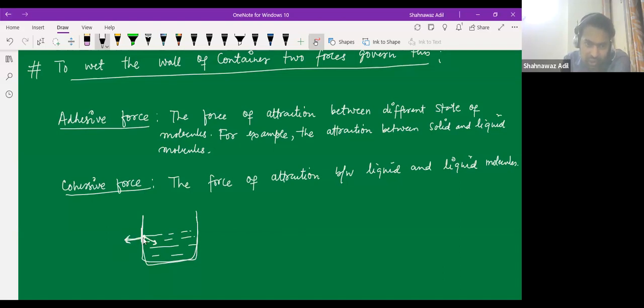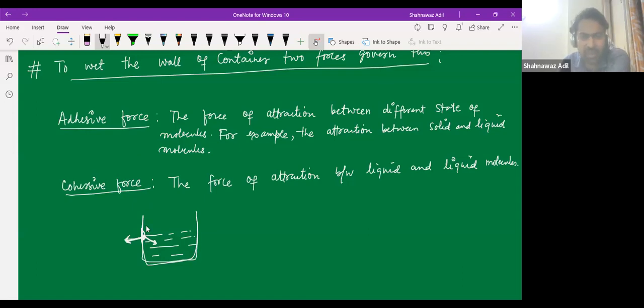If this force is greater and this force is smaller, will this particle stick to the wall? Yes. So if the adhesive force is larger, then it will stick to the wall and it will wet the wall.